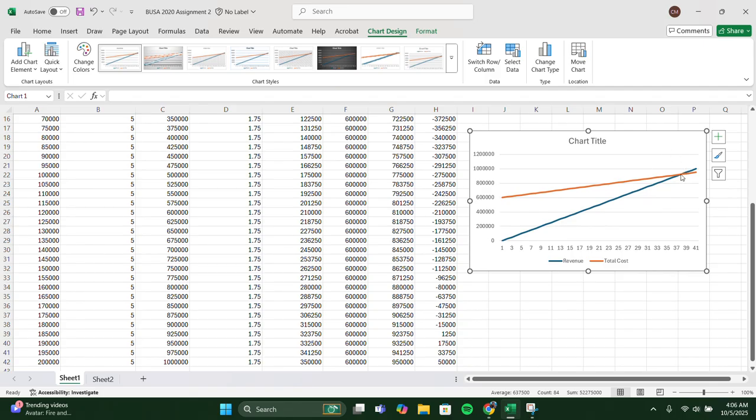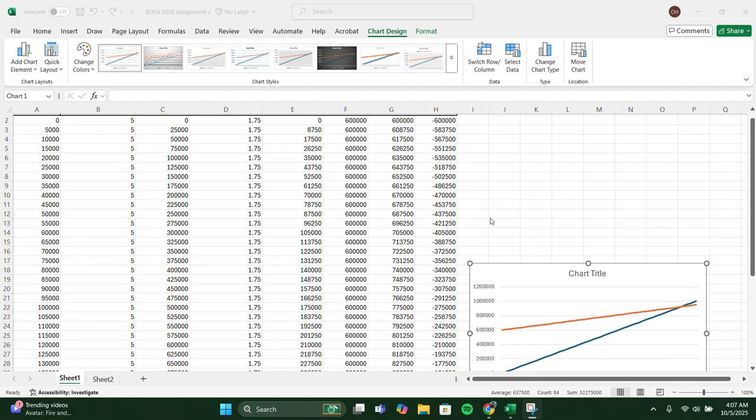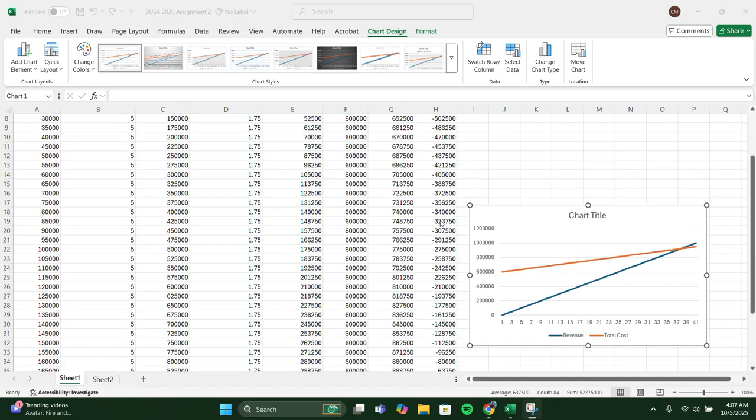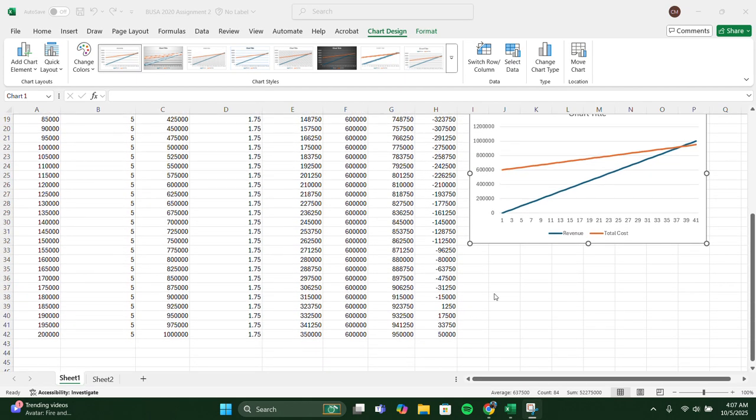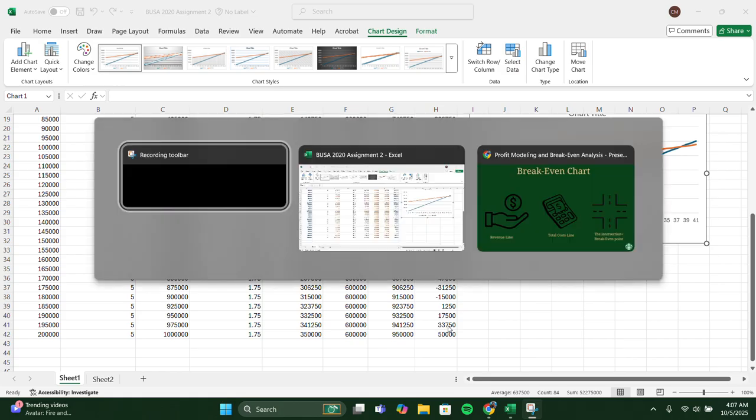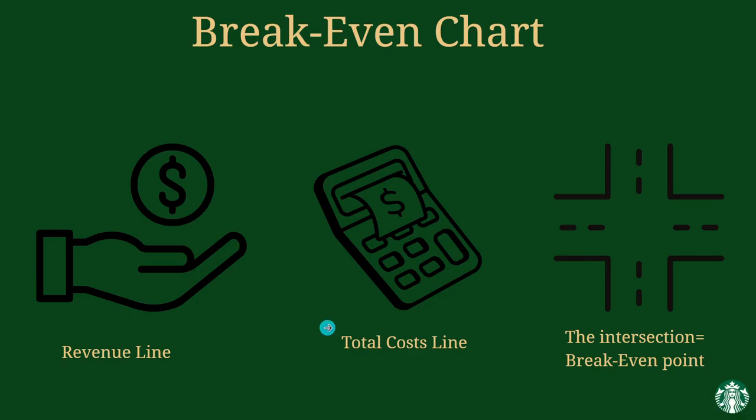As we can see here, that's the break-even point. The intersection point will always be the break-even point. Before this it's all loss, and after the point it's all profit, as you can see from the profit section. Let's go back to our slides.